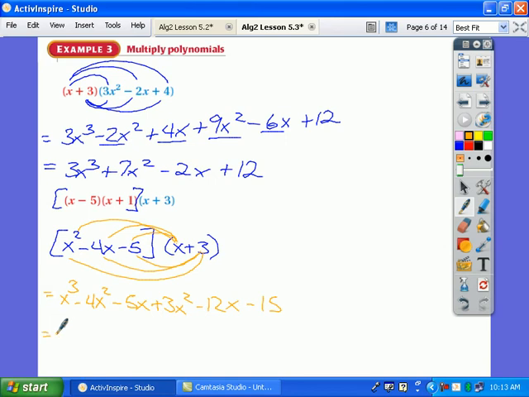So now we combine like terms. X cubed, minus 4x squared plus 3x squared is just minus x squared. Minus 5x minus 12x is minus 17x. And then minus 15 goes there. And there you have it. That's how we multiply three binomials.